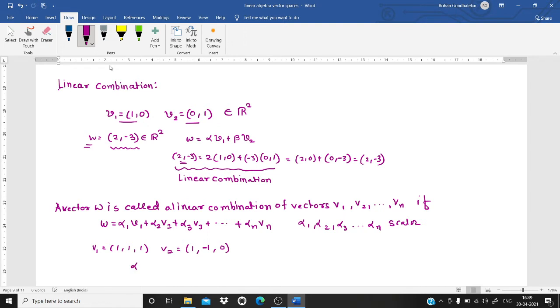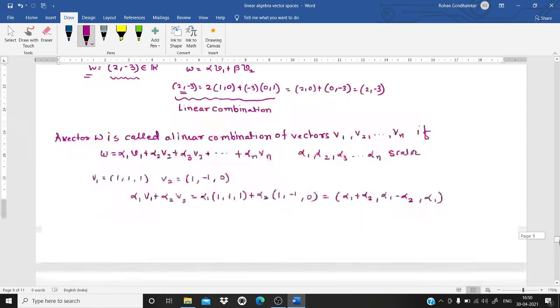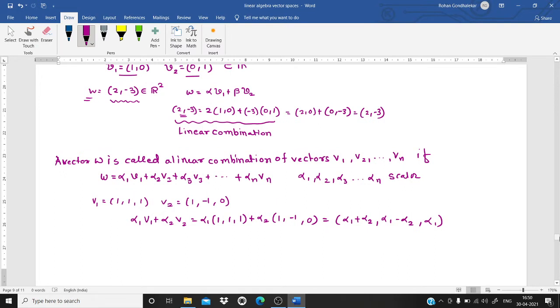Now I have the linear combination alpha 1 v1 plus alpha 2 v2 given as alpha 1 times (1, 1, 1) plus alpha 2 times (1, -1, 0), which gives me (alpha 1 plus alpha 2, alpha 1 minus alpha 2, alpha 1). Now you select any values for alpha 1 and alpha 2, you will get all possible linear combinations of v1 and v2 defined over here.